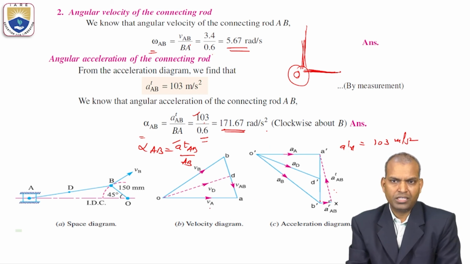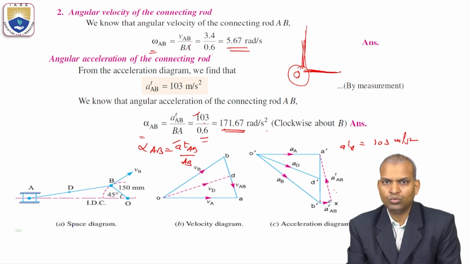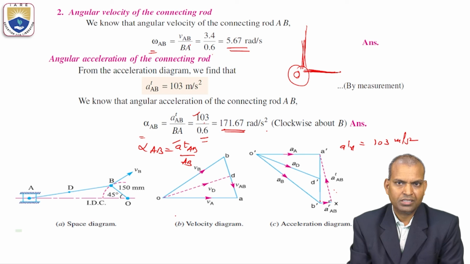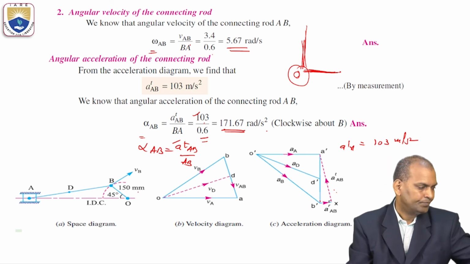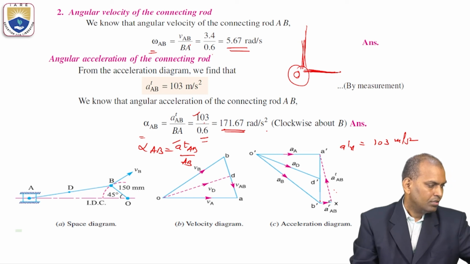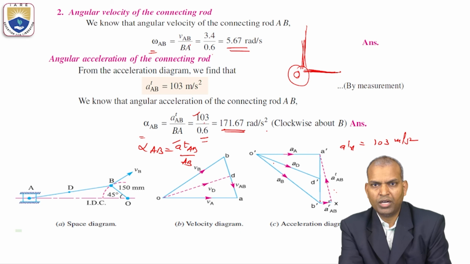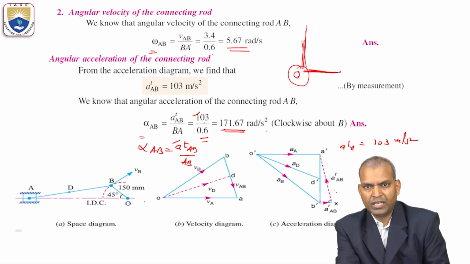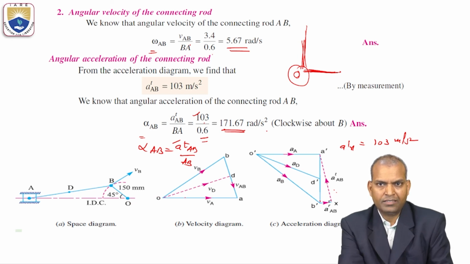So in the velocity diagram, all vector lines are normal to the links of the configuration diagram. That is very, very important. The velocity diagram should be beside the space diagram. It is easy to draw.